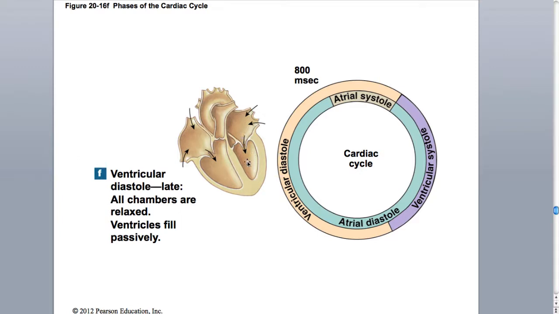So as I said earlier, there is blood going where? Into the ventricles, but it's leaking in by gravity. So the chambers are slightly open and blood's going in. And this is before the atria have actually contracted. So again, the rule of thumb is to understand this cardiac cycle with respect to the EKG.